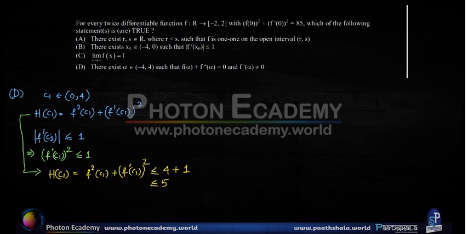We assume some q which belongs to 0 to 4 such that h of q is equal to 5.